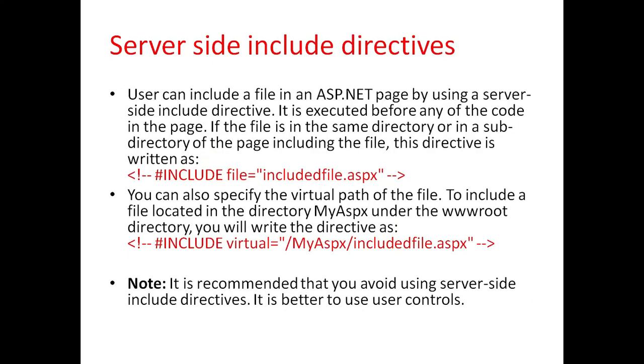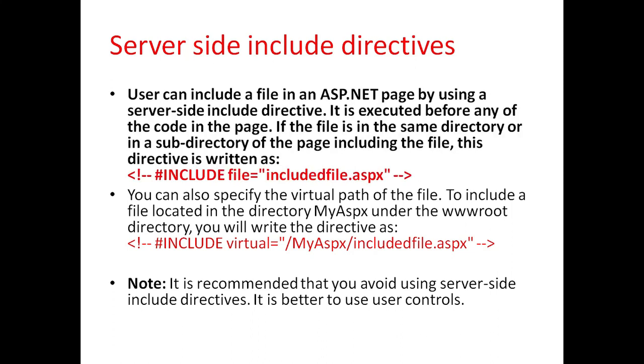Next is server-side include directives. The user can include a file in an ASP.NET page by using a server-side include directive. It is executed before any of the code in the page is executed. If the file is in the same directory or in a subdirectory of the page including the file, this directive is written as #include file and the file name.